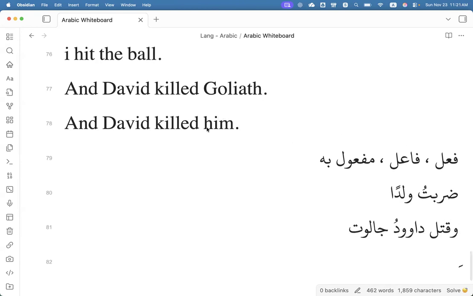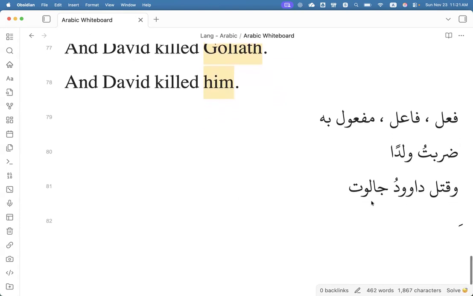So what did I just do? I used a pronoun for the object, right? The object was Goliath, and I made the object a pronoun. Will the verb change in Arabic? No, why would the verb change?